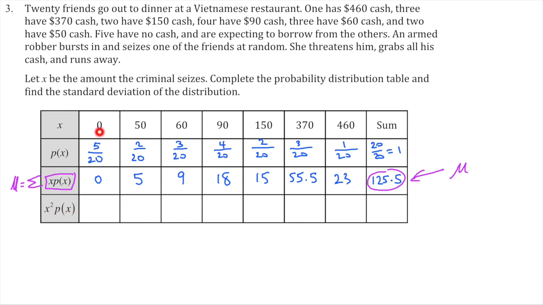So the x value is 0. 0 squared times 5 on 20 gives 0.